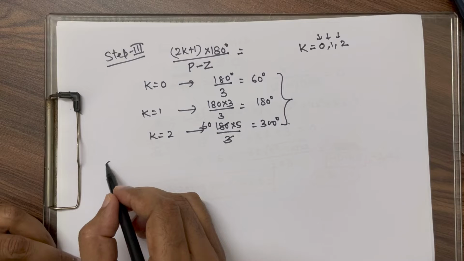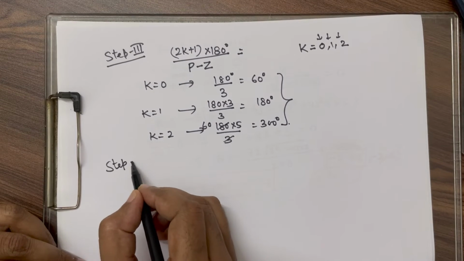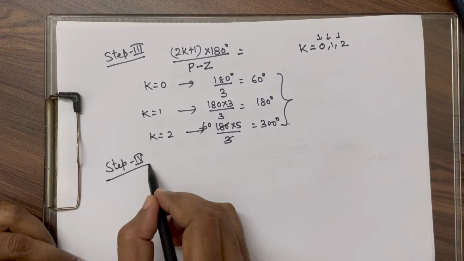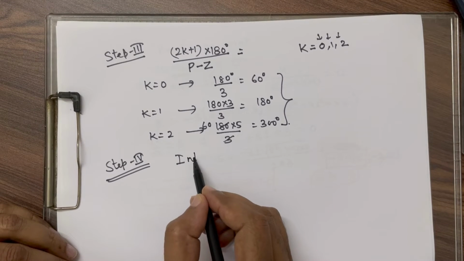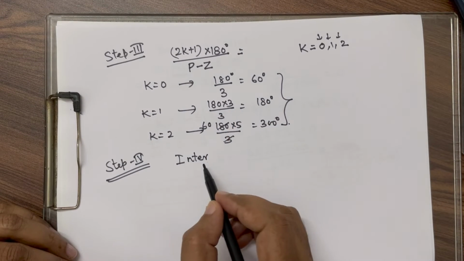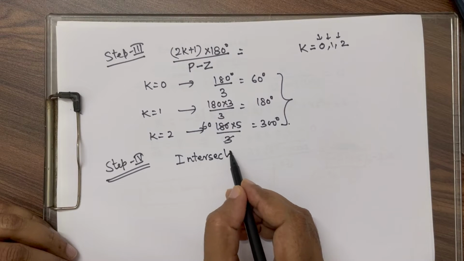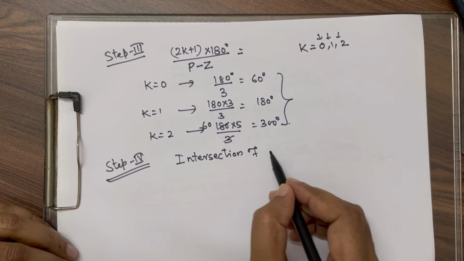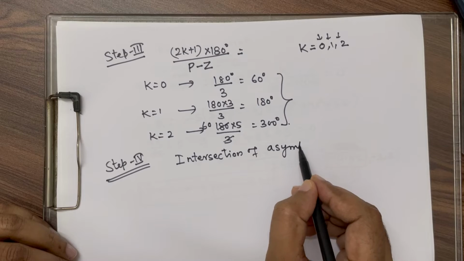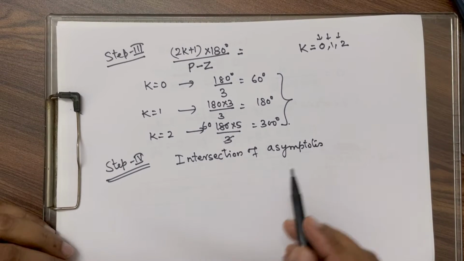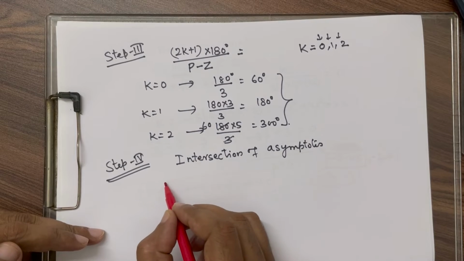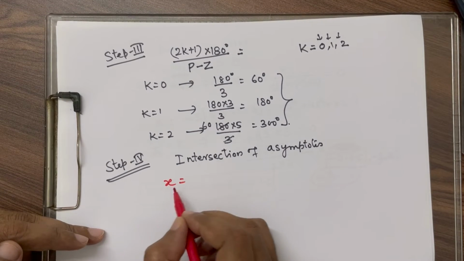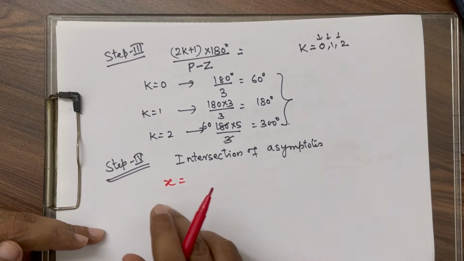Now let us directly move to step 4 to find out the intersection of asymptotes. This is the angle of asymptote. Now we are going to find out the intersection of asymptotes. How do we do that? Let's say the intersection is at point x.